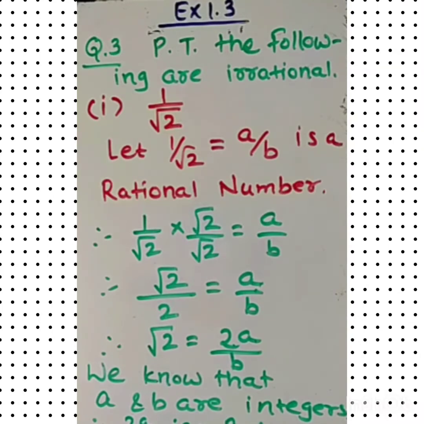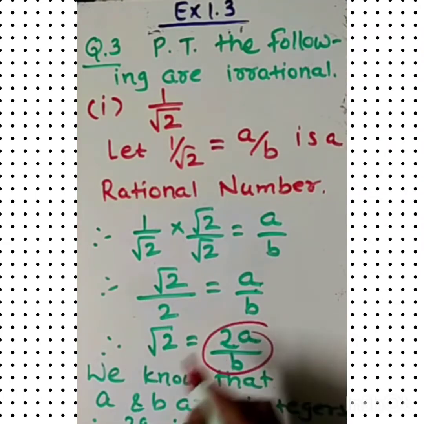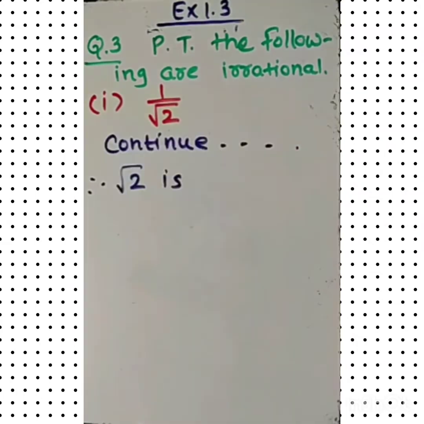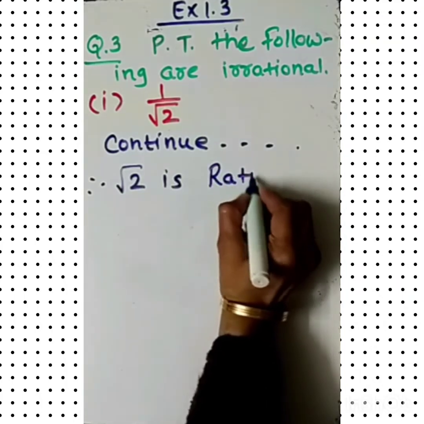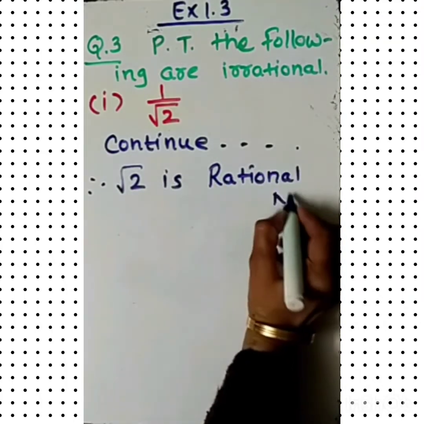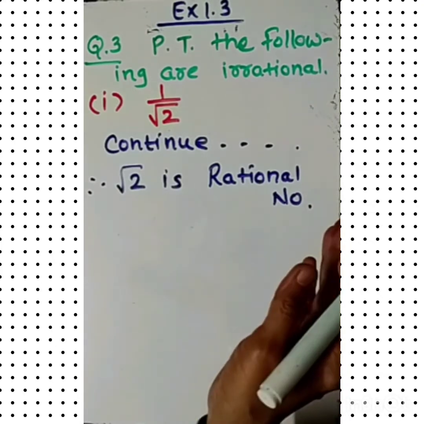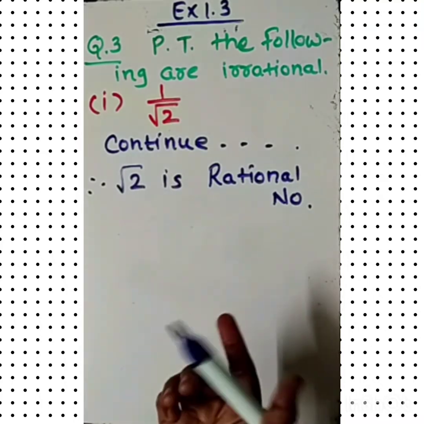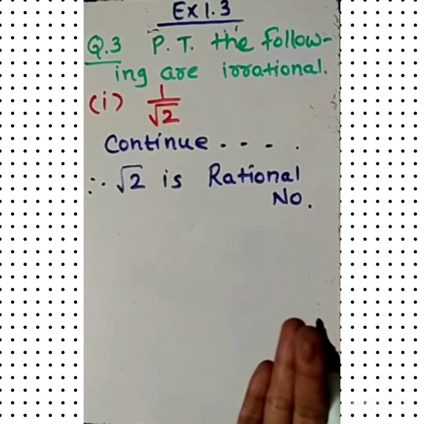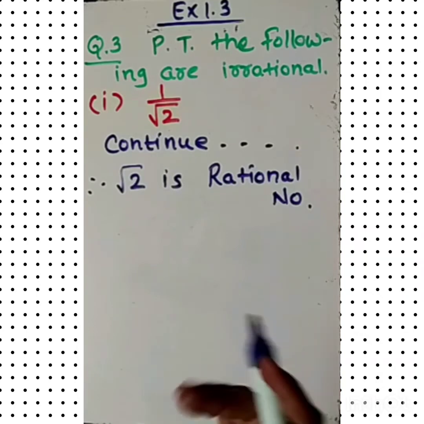If the RHS is a rational number, then of course the LHS will also be a rational number. The same question in continuation. Root 2 is a rational number because we have proved that the RHS is a rational number. So root 2, the LHS, is also a rational number, which contradicts our fact, okay?